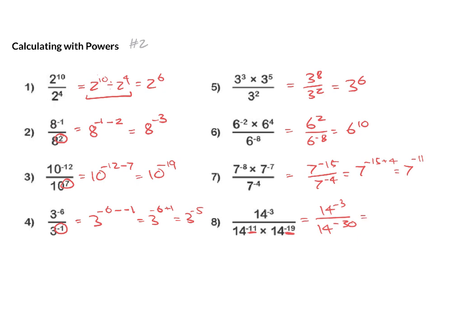And then I do minus 3 minus minus 30, which is 14 to the minus 3 plus 30, which is equal to 14 to the 27th power. Again, this one left alone, I add this, gives me minus 30, and then subtract negative 30, which is plus 30, gives me 27.